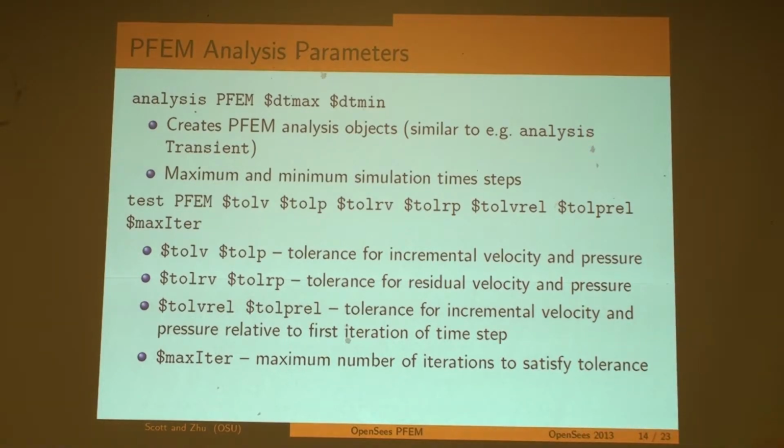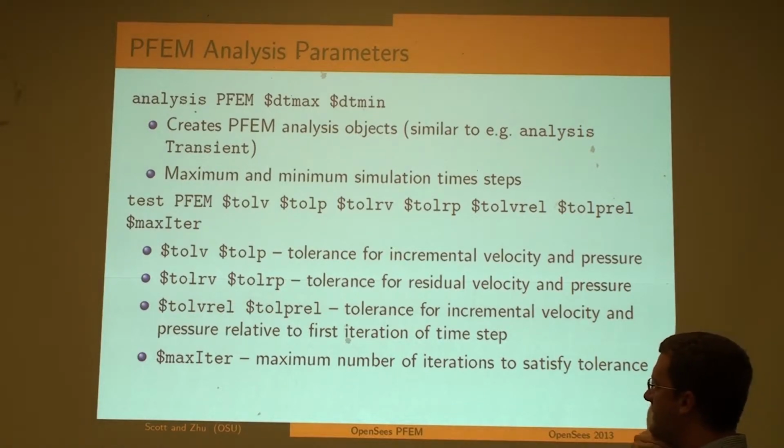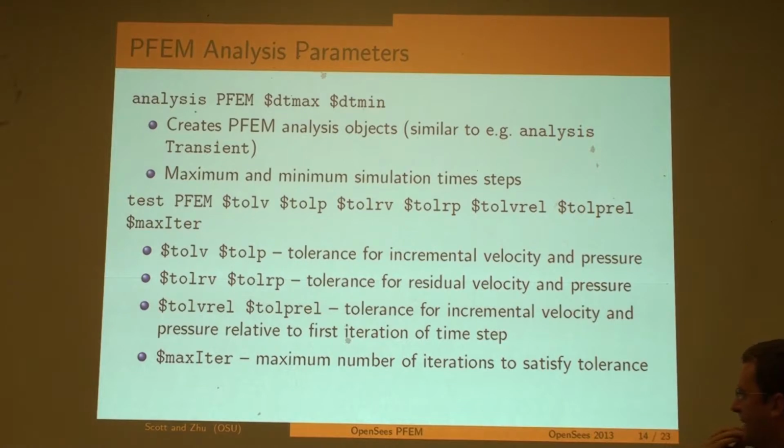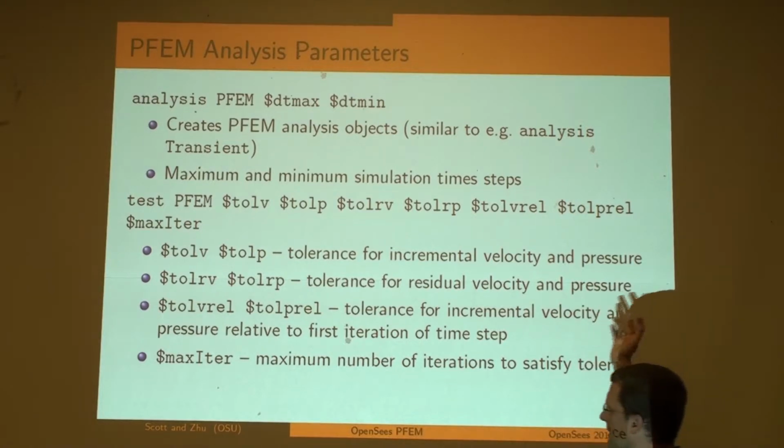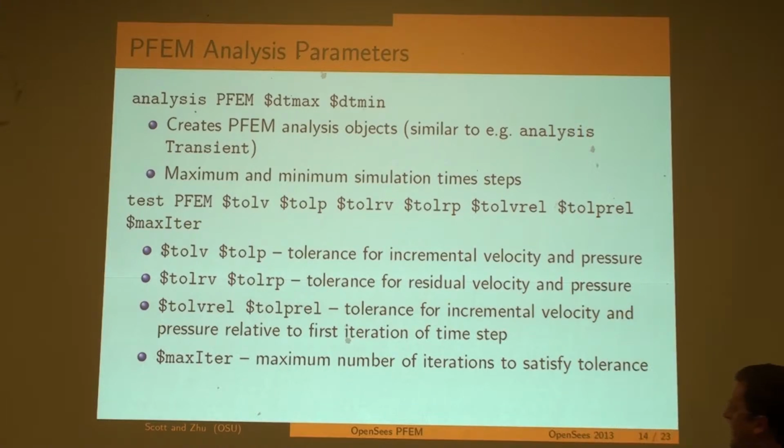But to tell OpenSees that we're going to do a PFEM analysis, so analysis PFEM, and then we supply it with the min and max time steps used in the simulation. And then we have a convergence test, which looks at the incremental velocities and pressures, as well as the residual or right-hand side values associated with velocity and pressure, and then also relative values, or values relative to the first iteration.